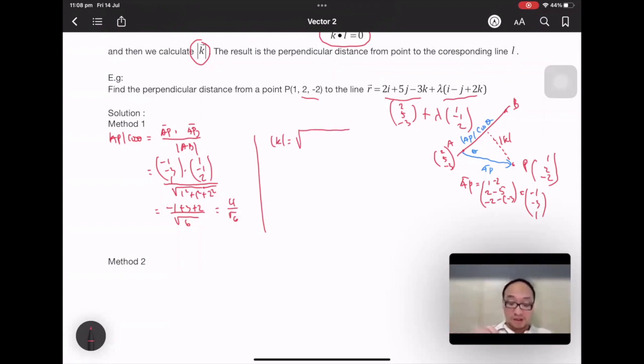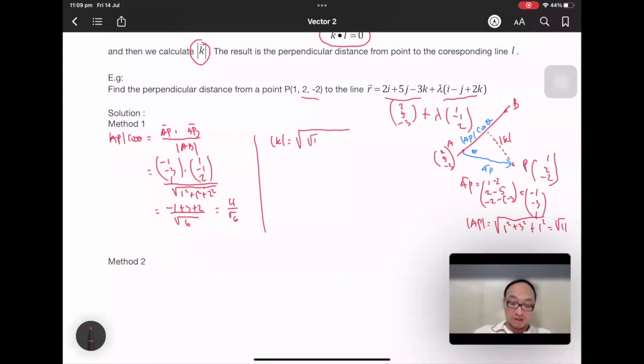AP, we don't know the magnitude of AP. AP magnitude is 1 square plus 3 square plus 1 square. So I just ignore the negative here because the value will be positive. So it's equal to root of 11.